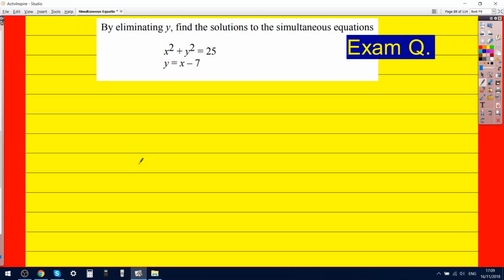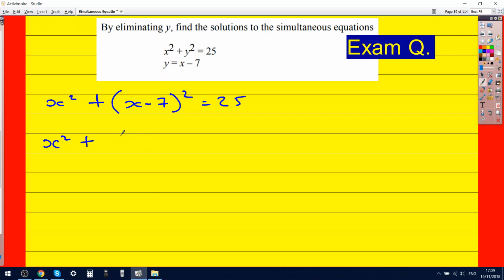So if y equals x minus 7, then you got to do x squared minus 49 is y. So I'll just do x squared plus, and then in a bracket, x minus 7 squared. So how do you expand a square bracket? I'm not sure.